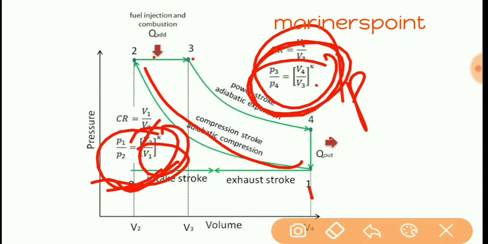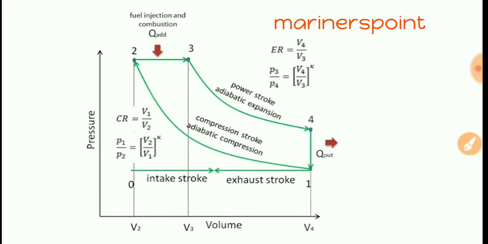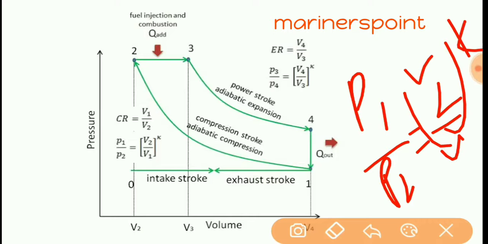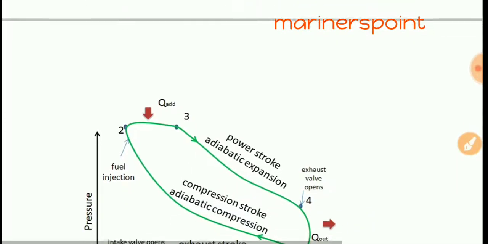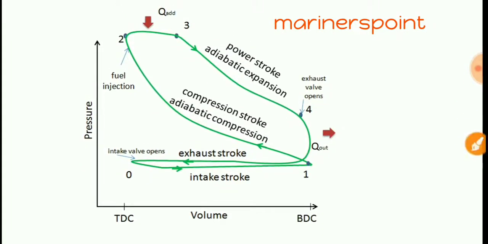Here I say adiabatic compression process, that's why this is our equation. P1 by P2, volume opposite, V2 by V1 to the power ratio k. This is all about the diesel cycle.